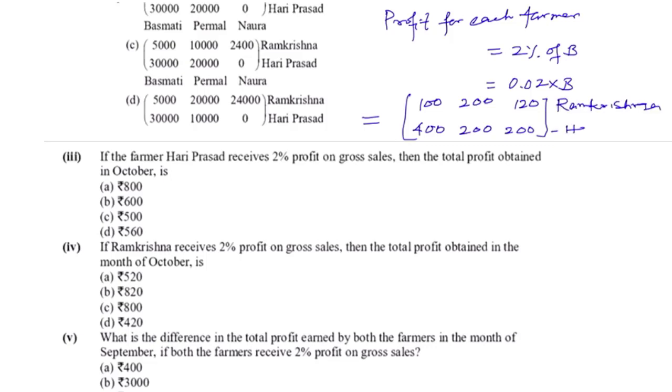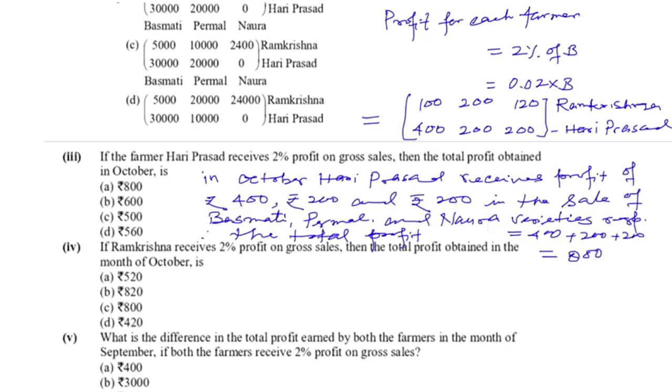Therefore, the profit for Hari Prasad in the month of October is 400, 200 and 200, which is equal to 400 plus 200 plus 200, that is equal to 800. Means in October Hari Prasad received profit 800. So the correct option is A.